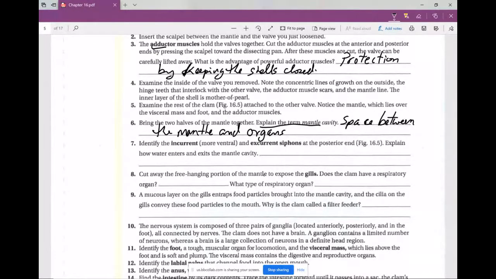Identify the incurrent and excurrent siphons. I showed you that on the diagram anyway. Explain how water enters and exits the mantle cavity. All right, so water enters via the incurrent siphon, and exits via the excurrent.